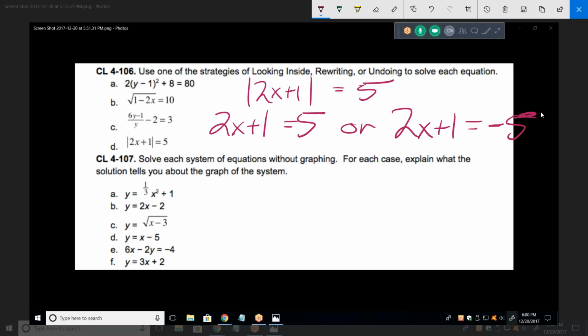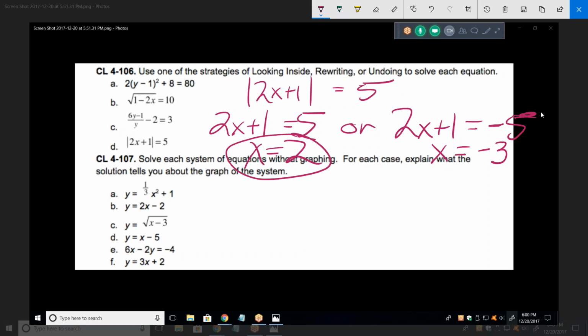So you're never going to say 2x minus 1, ever. Whenever you have absolute value stuff with complicated stuff in between, never change that. It's either equal to 5 or it's equal to minus 5. Now you solve each one of those. You get x equal 2 in this case. And over here, you get x equal minus 3.